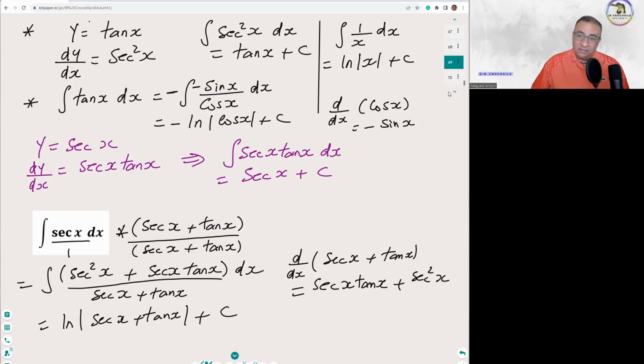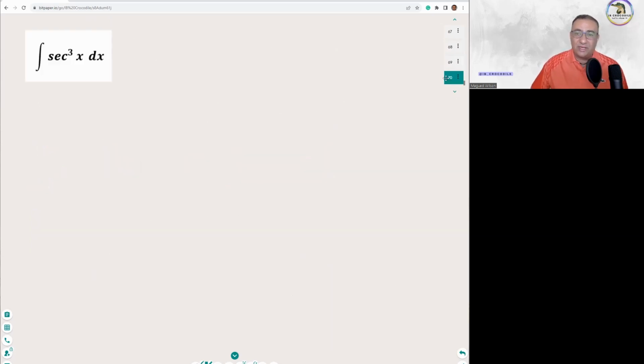Now, this is not done yet. Let's have a look at one more challenge. Now we know how to integrate secant of x by using this manipulation, multiplying up and down. Now we have the integration of secant cubed of x.